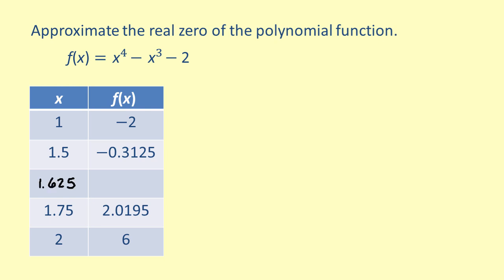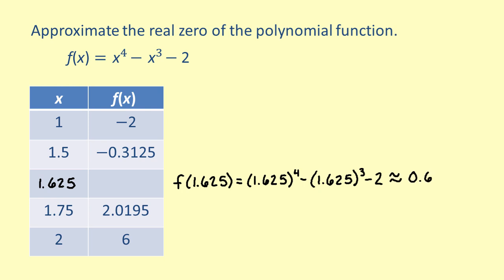When we evaluate the polynomial function at this value, we get f of 1.625 equals 1.625 to the fourth minus 1.625 cubed minus 2, which is approximately 0.6819. Notice that this number is significantly closer to 0.